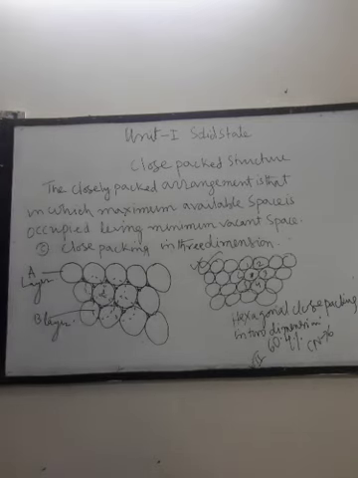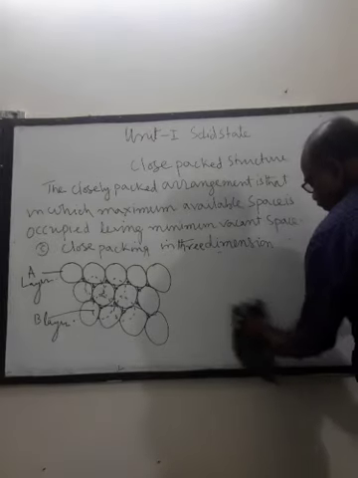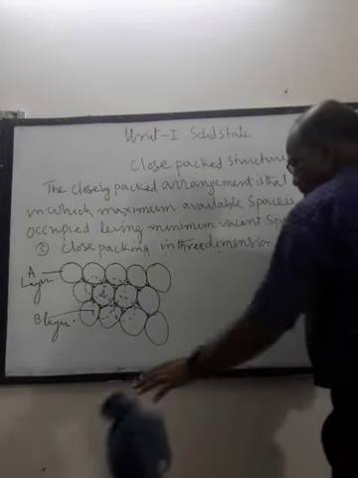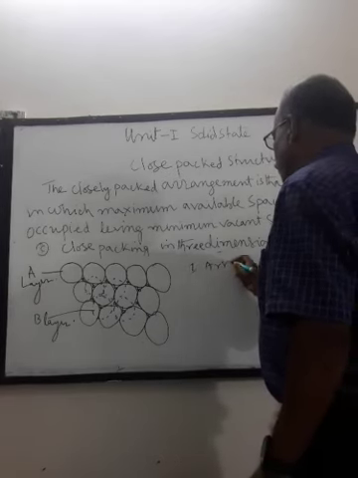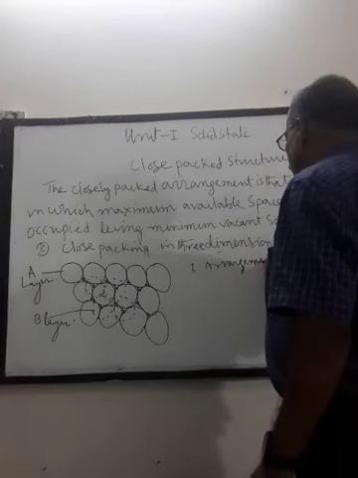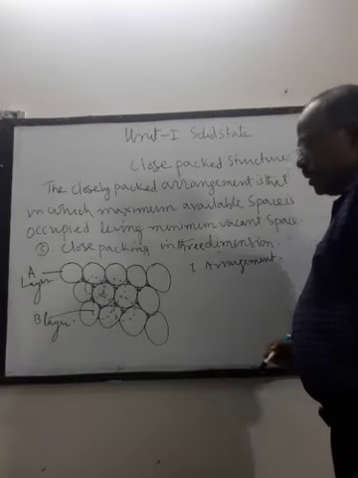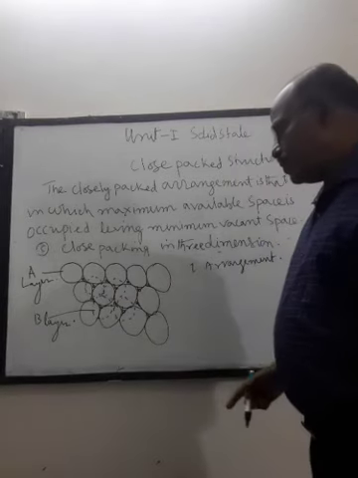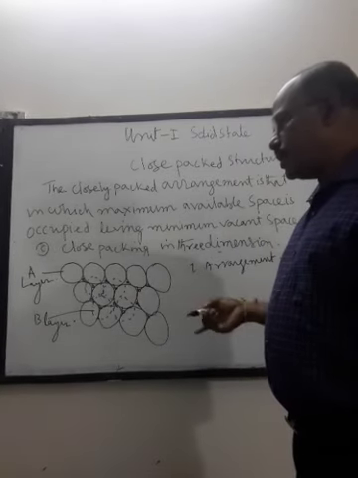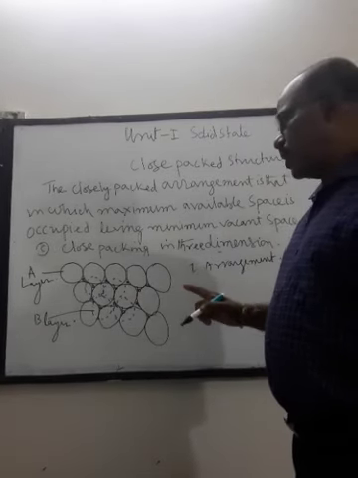Now for the third layer, there are two types of arrangement. First arrangement: if the third layer is placed in C void, then the third layer is the same as the first layer.